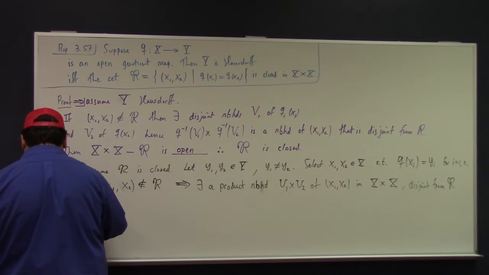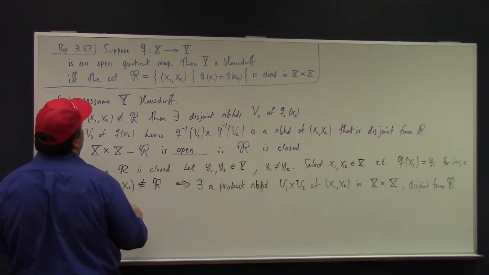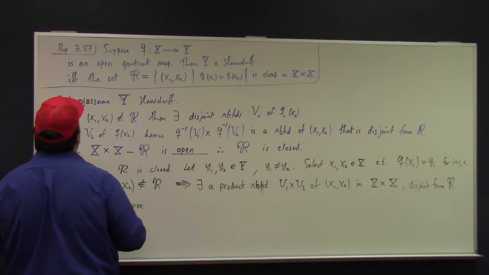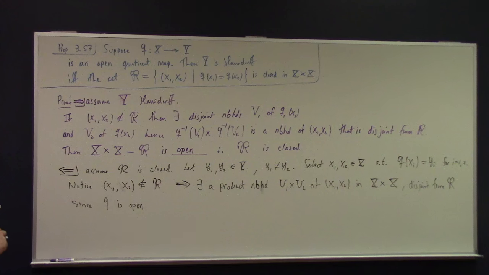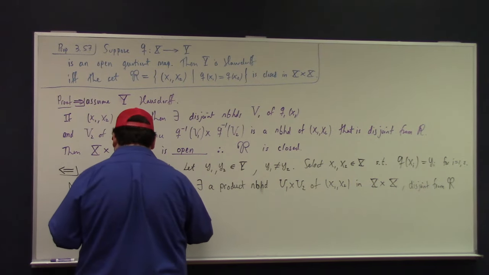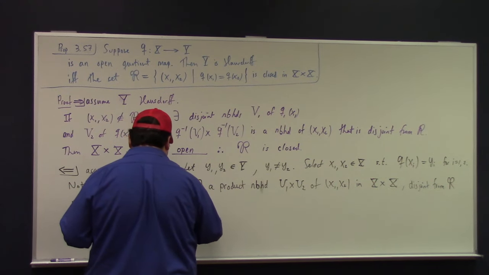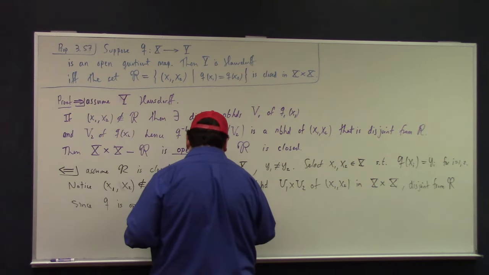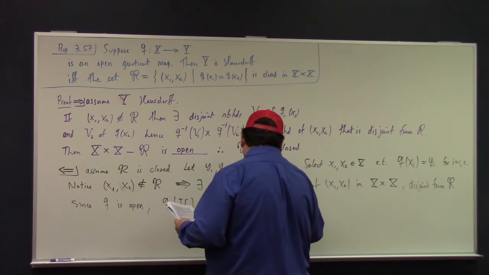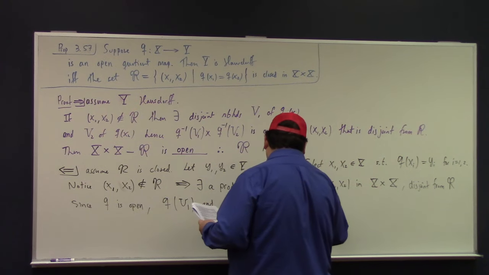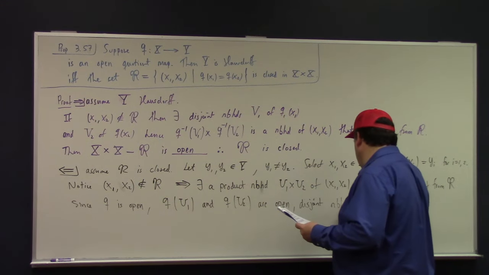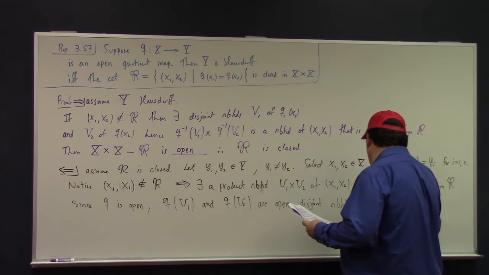Since Q is open, Q(U1) and Q(U2) are open disjoint neighborhoods of y1 and y2.